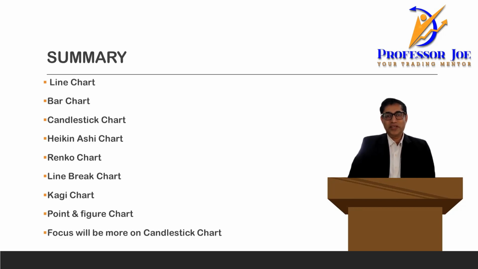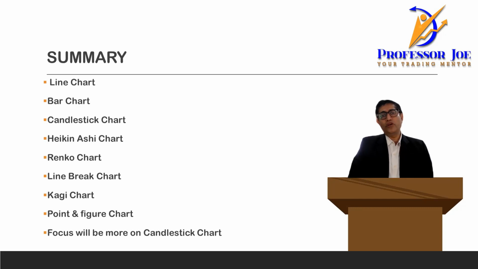If you look at the summary of this video, we have discussed multiple kinds of charts like line chart, bar chart, candlestick chart, Heiken Ashi chart, Renko chart, line break chart, Kagi chart, and point and figure charts. These are different kinds of charts that can be used for trading.